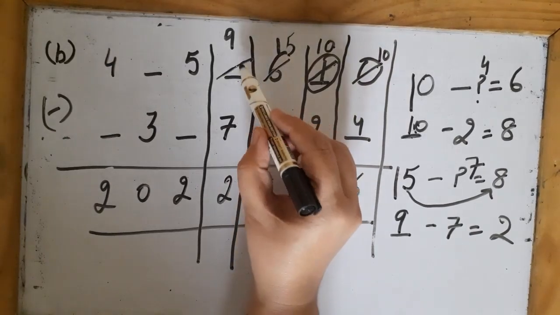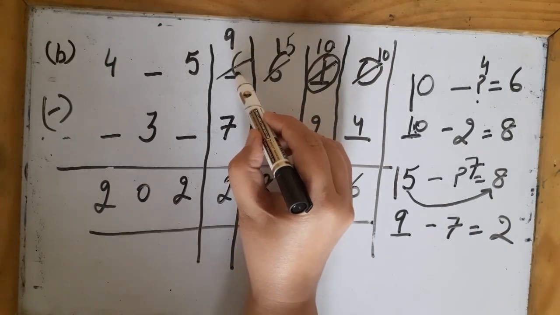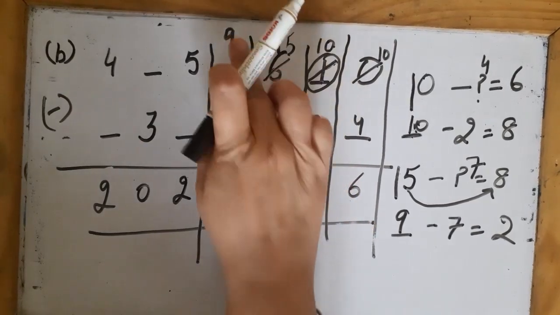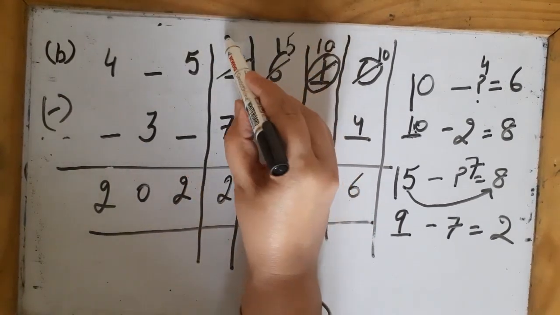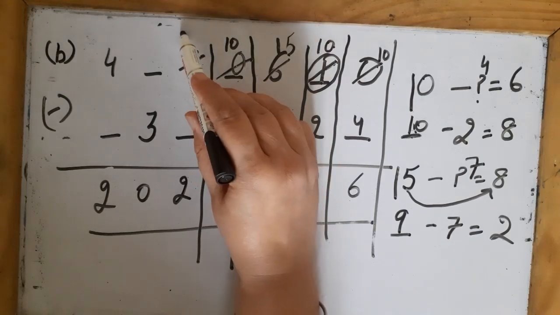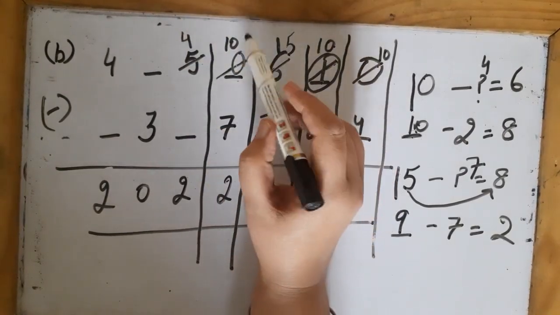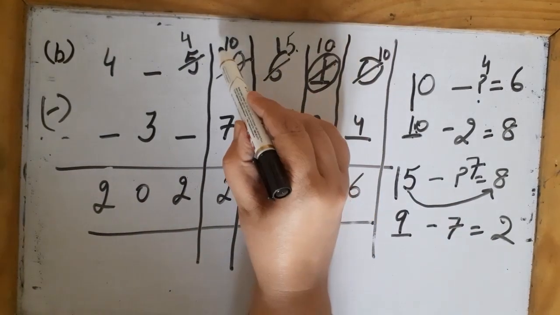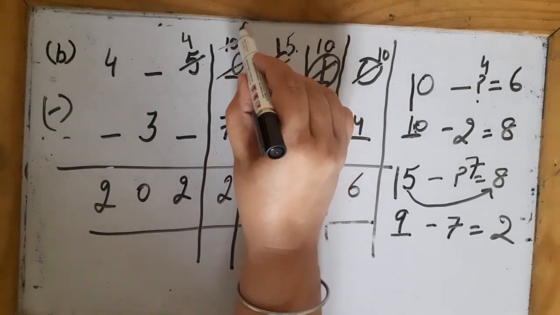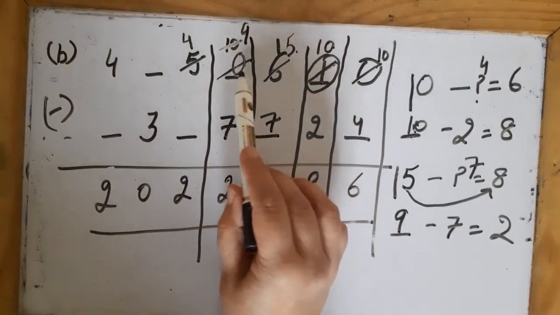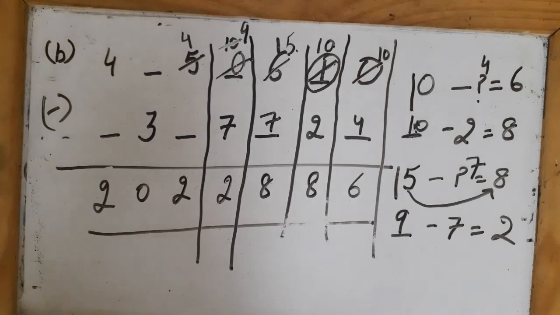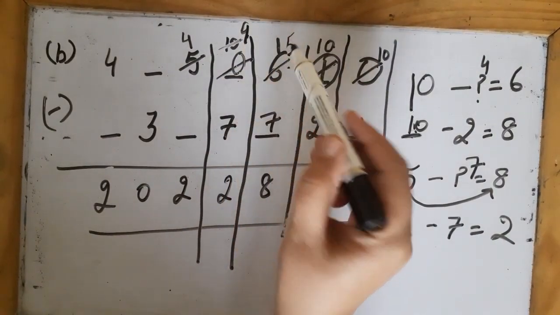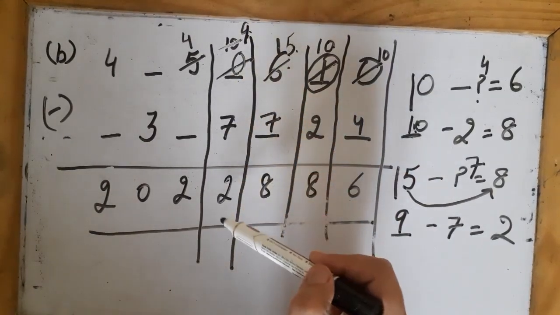So originally this number was 0, and I made it 10 by taking 1 from here, from 5, and in order to give 1 to the next place, the hundreds place, I had to make it 9. So it means originally the number was 0. This has become 9 after giving 1 to this number. So 9 minus 7 is 2.